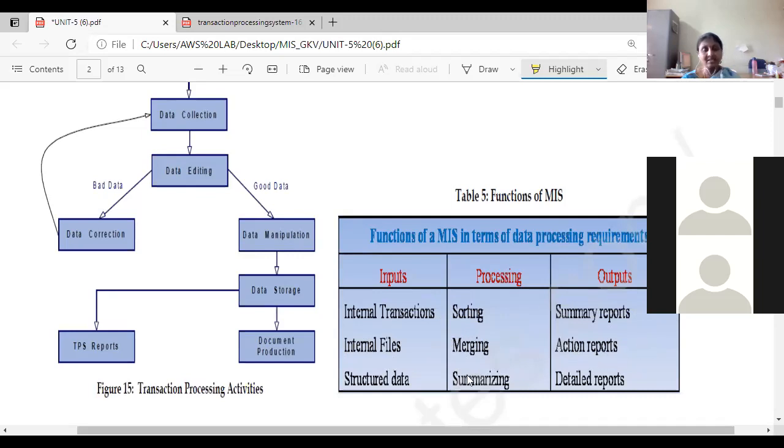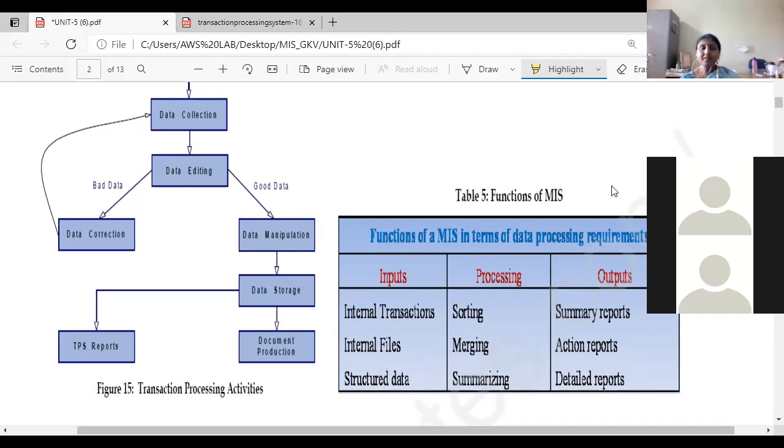Next, your input may be structured data. The data may be structured or unstructured. If you have structured data, we can prepare summarizing reports. For taking particular decisions, in some cases we require summarized reports, so we can prepare those from the structured data.